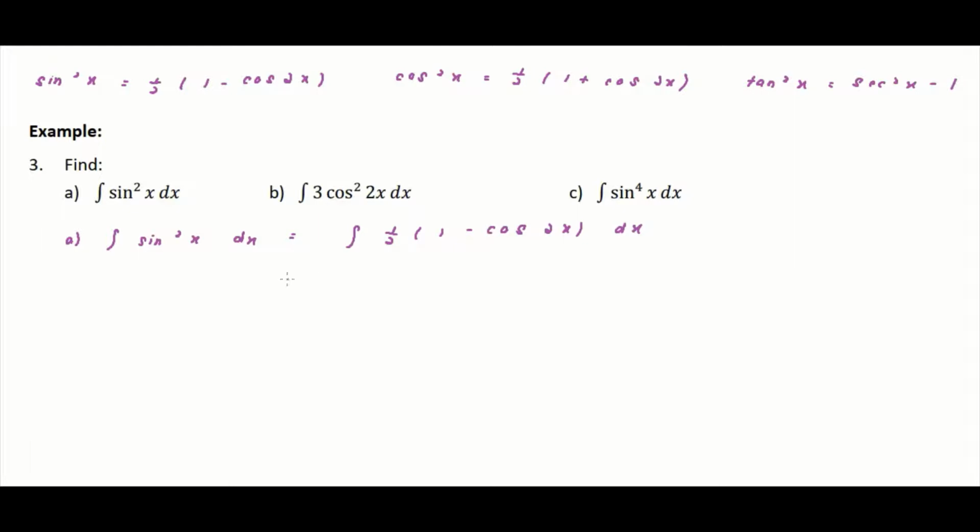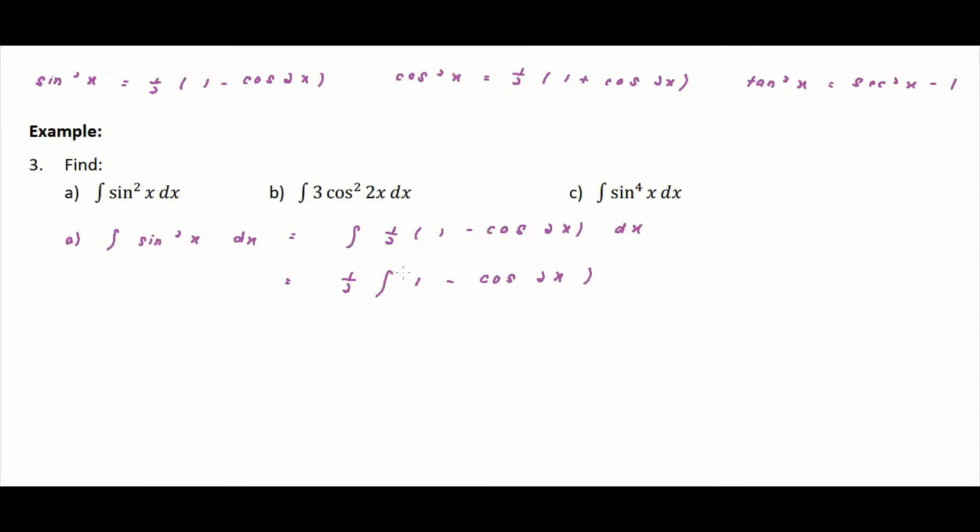You can expand it, or bring out the constant. This is not a definite integral, it doesn't have a range, so it's totally fine if you don't split it into two and just integrate in one shot.